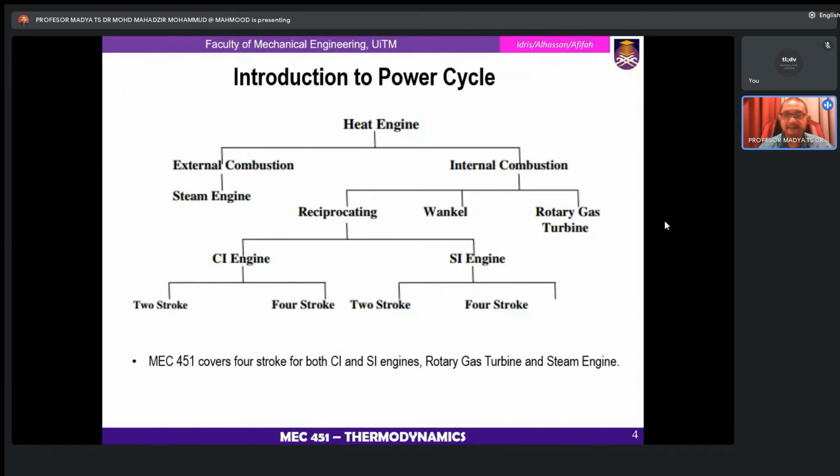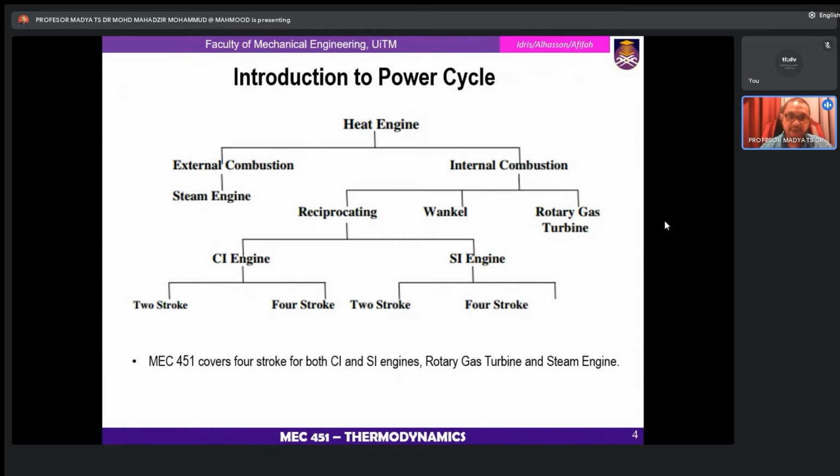So this is a flow chart of the heat engine. Okay, remember in chapter number 4, the second law of thermodynamics, you have learned about heat engines. Heat engines can be divided into external combustion and internal combustion. For external combustion, an example is the steam engine, and for internal combustion, the engines are reciprocating and also rotary gas turbine.